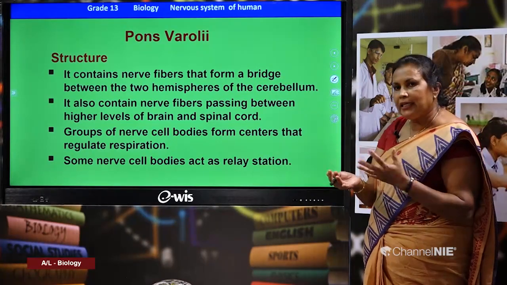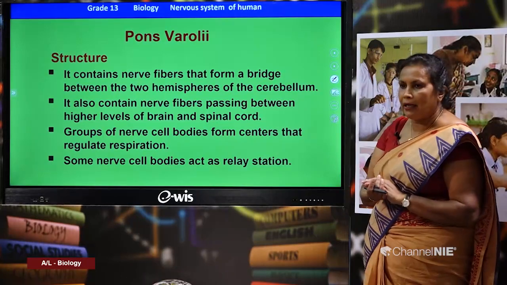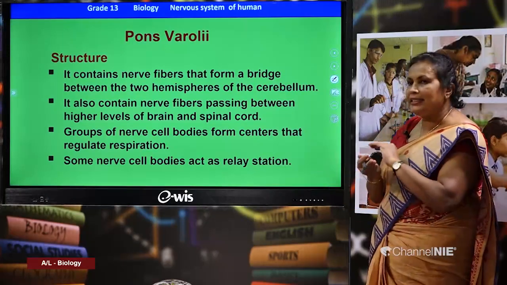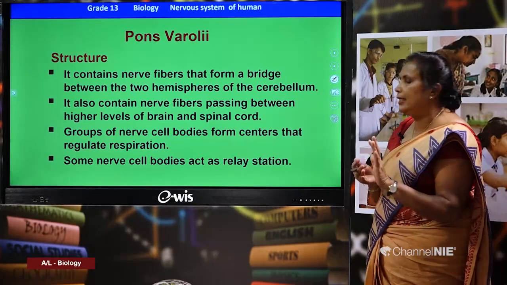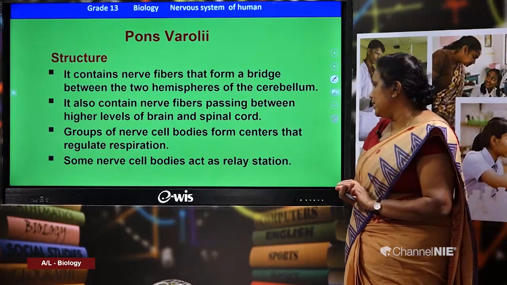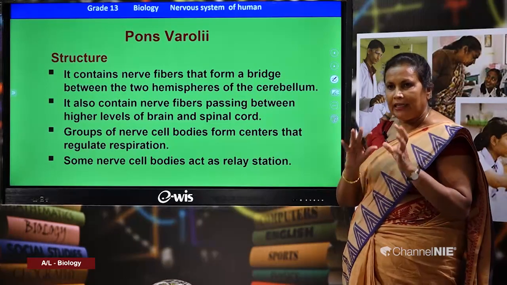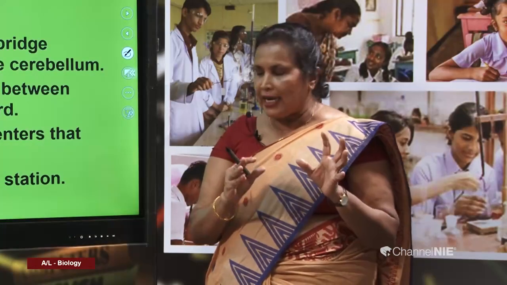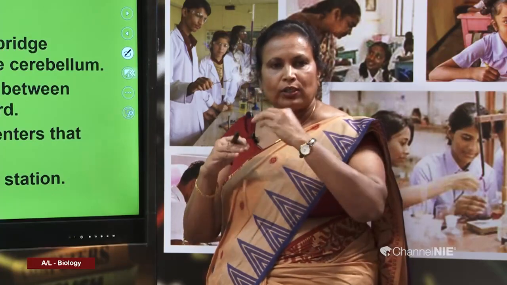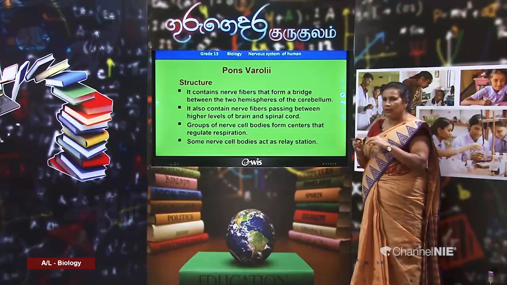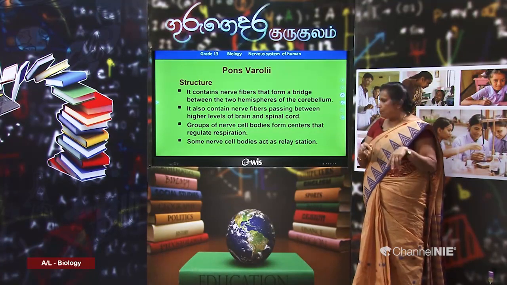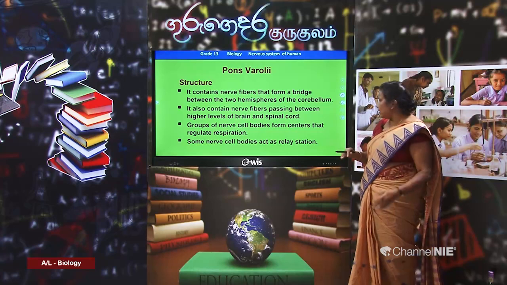Normal breathing is actually carried out by the medulla, but regulation is done by the centers situated in the pons, understood. Some nerve cell bodies act as relay stations, transferring nerve impulses which come in through the spinal cord into different parts of the brain.